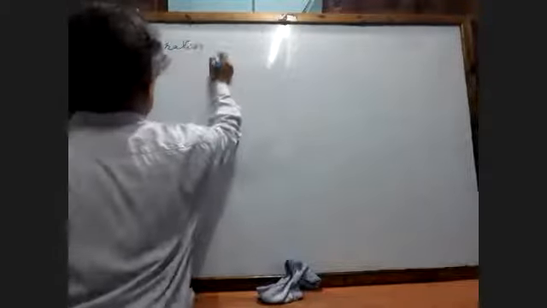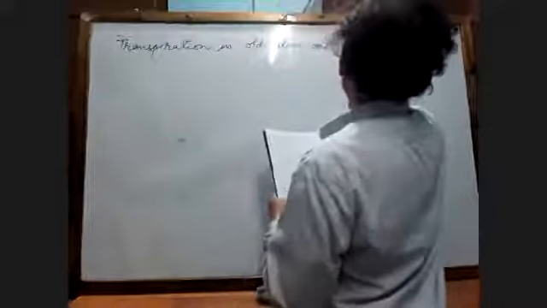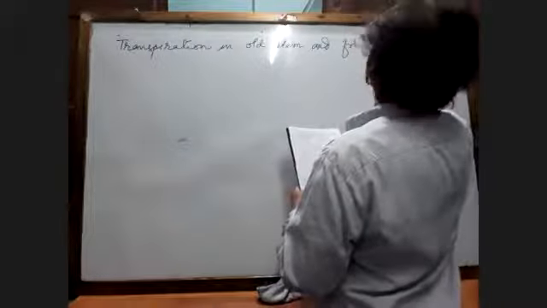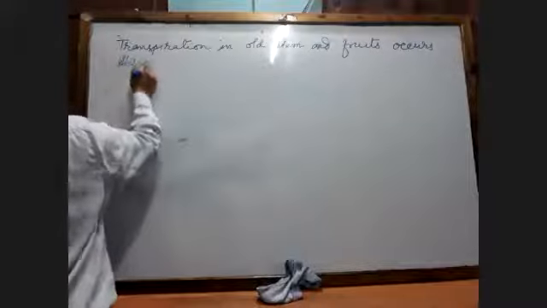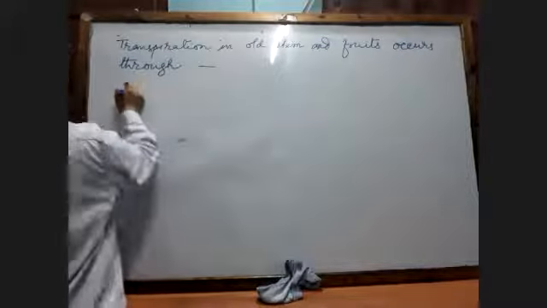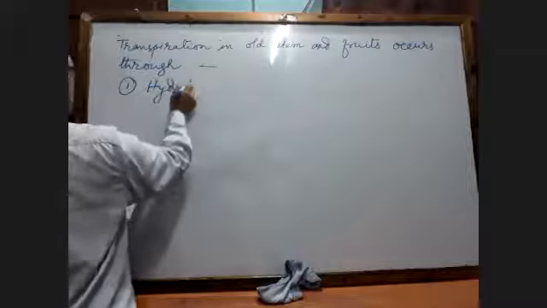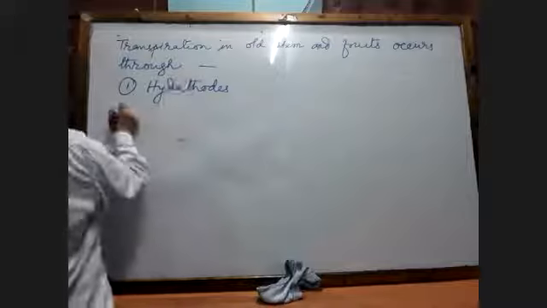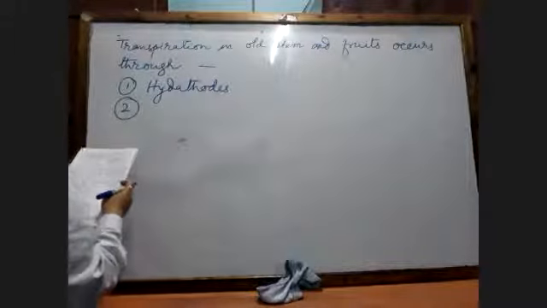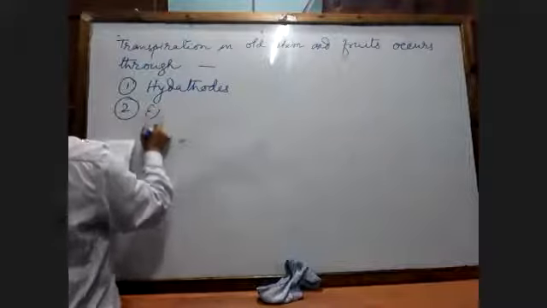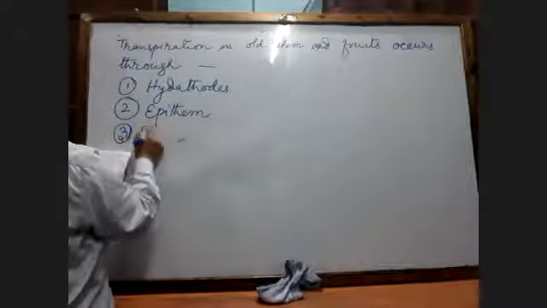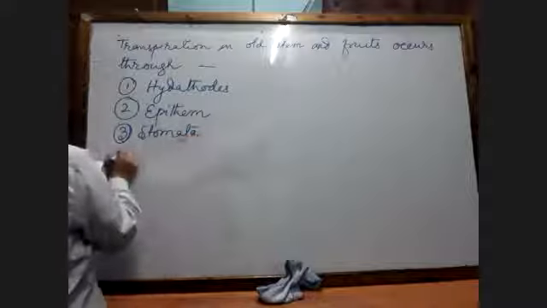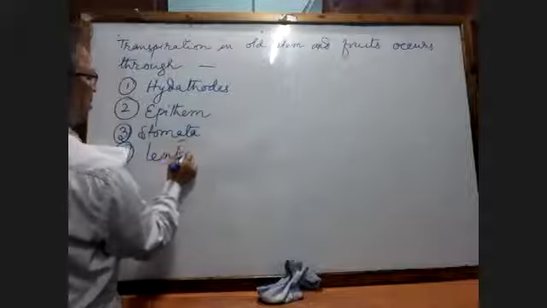Transpiration in old stem and fruit takes place through hydathodes, epithem, stomata, lenticels.